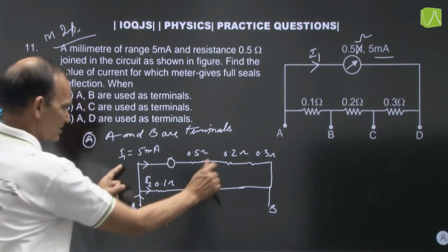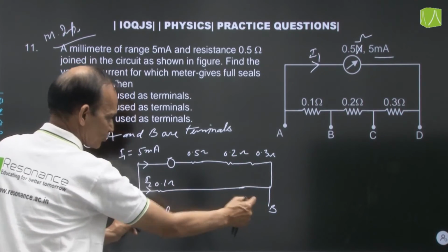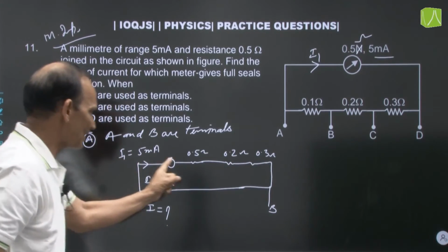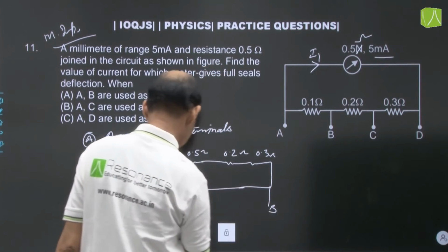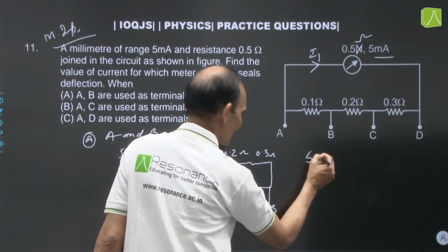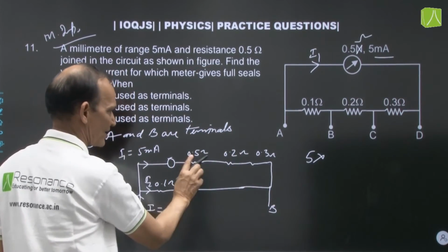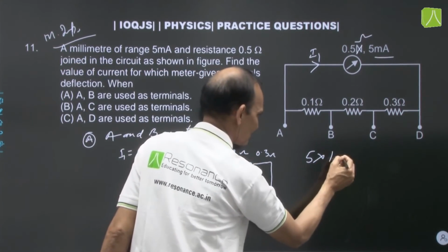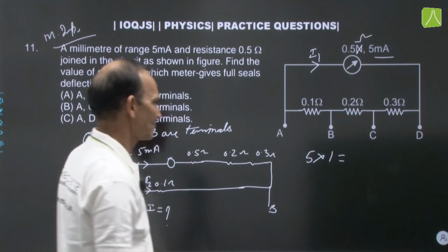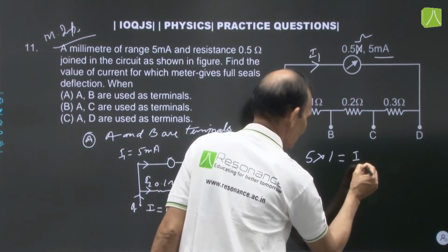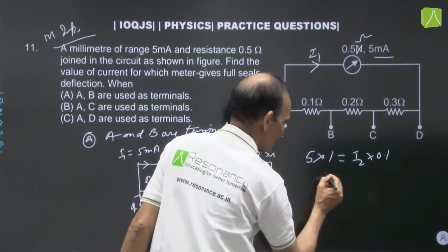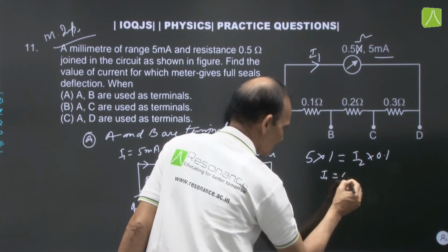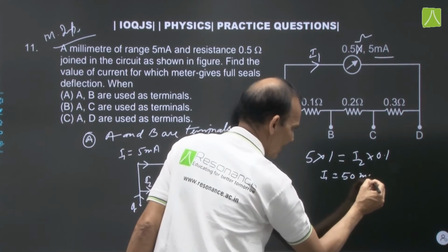I2, we know this line and this line are in parallel. So we can say I1 into this total resistance. So I1 means 5 into this total resistance 0.5 plus 0.5, that is 1, is equal to this current I2 into this resistance, this line resistance is 0.1. So what is the value of I2? 50 milliampere.